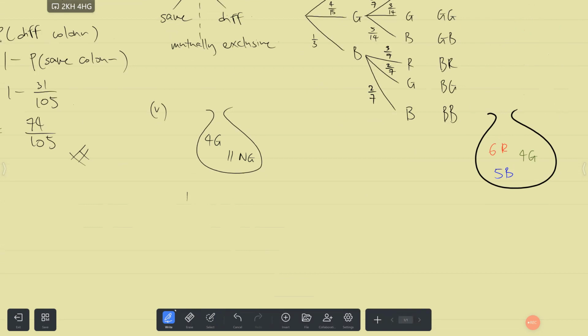To fulfill the condition of no green marbles within the two marbles drawn, it is P(no green and no green). The connector here is a conjunction, "and". So the probability of drawing a non-green marble at the start is 11 out of 15, and then it is 10 out of 14. So let's calculate that: 11 out of 21.